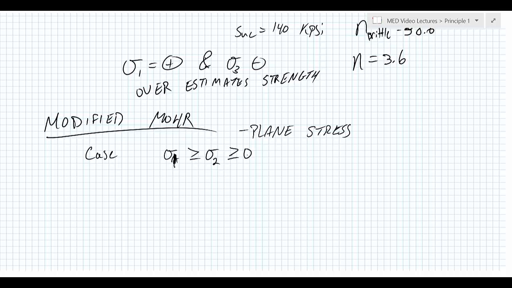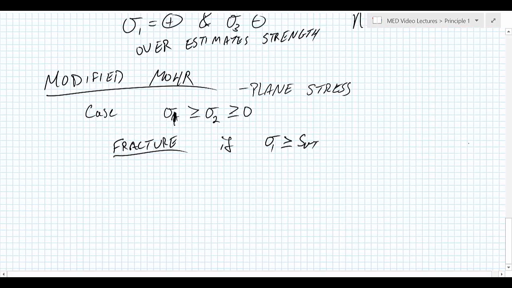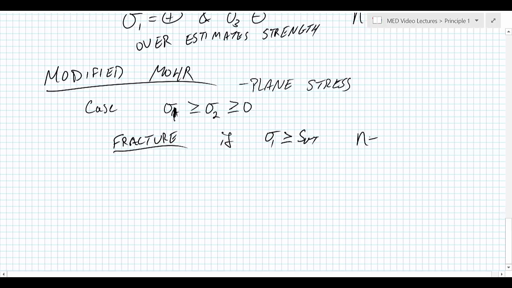So if all the principal stresses are greater than 0 or are in tension, then this theory says that this will fracture if the greatest, most positive one is greater than or equal to the ultimate strength in tension. So that's exactly like the maximum normal stress theory. Therefore, the factor of safety would be the strength of the part over our sigma 1.